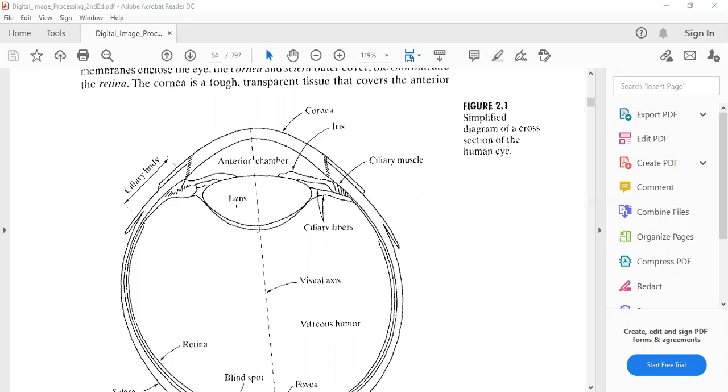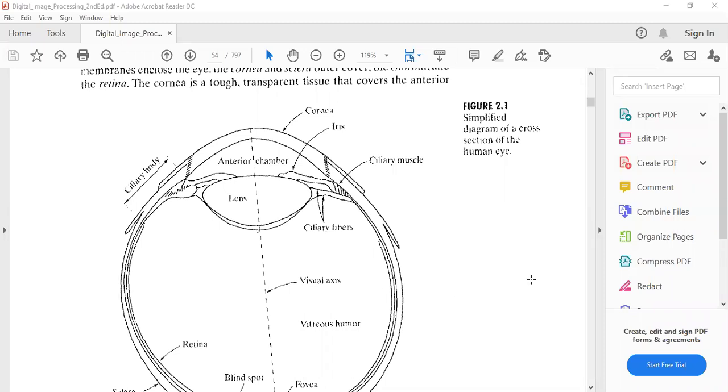The cells responsible for this lens, we call them fibrous cells. Fibrous cells are responsible for the construction of the lenses. So many lenses, we call them concentric layers of lenses.